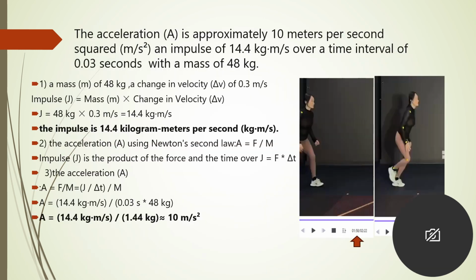And from the calculation, we get the acceleration is approximately 10 meters per second squared, and the impulse of 14.4 kg meters per second over a time interval of 3 seconds with the mass of 48 kg.